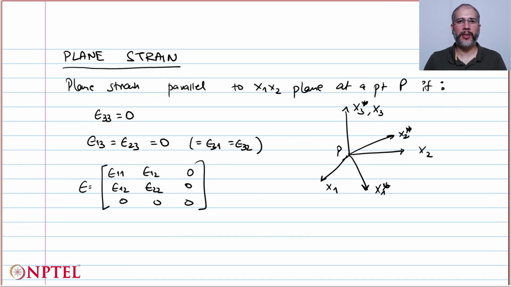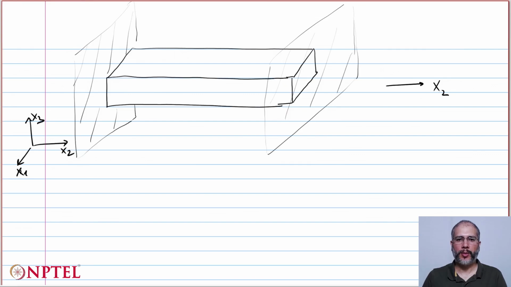But in the case of strains, we are talking kinematically. So we have to give you a feel in terms of some kinematic or boundary conditions that will provide the motivation for a plane strain situation. Let us take a bar which is constrained along the x2 direction. So that means the bar cannot move in the x2 direction.